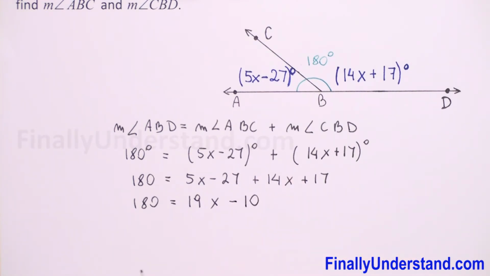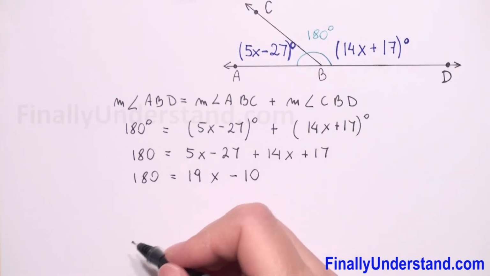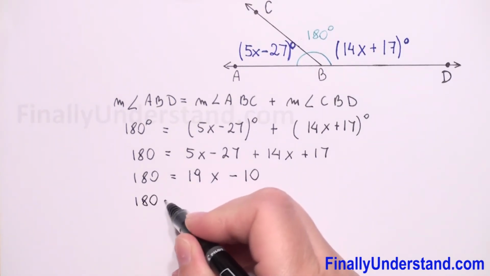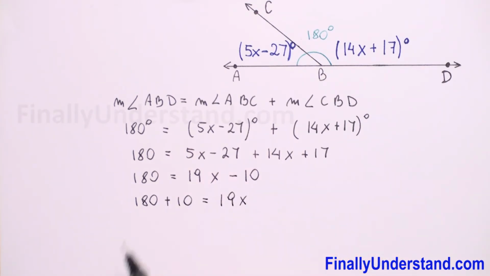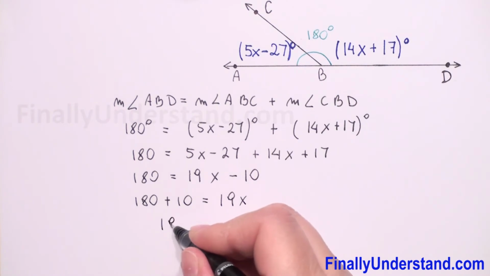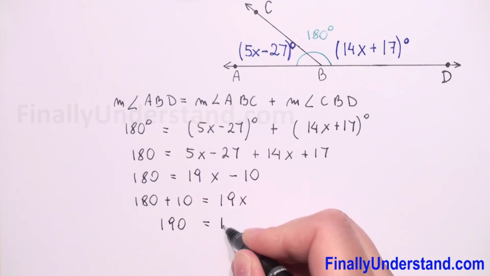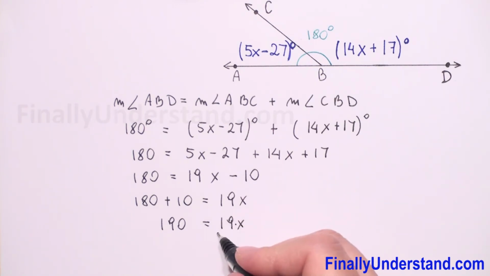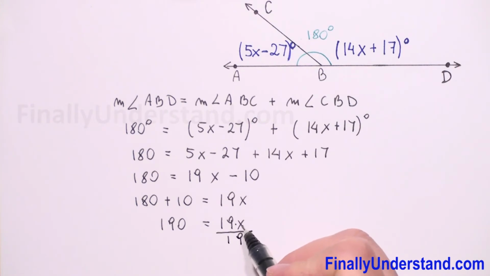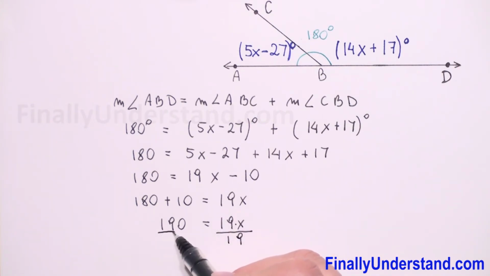So now I will move negative 10 to the left side, so we will have 180 plus 10 is equal to 19x. 180 plus 10 is 190. This is equal to 19x. Now, because we have multiplication on the right side, I will divide both sides by 19 because we need to find x.